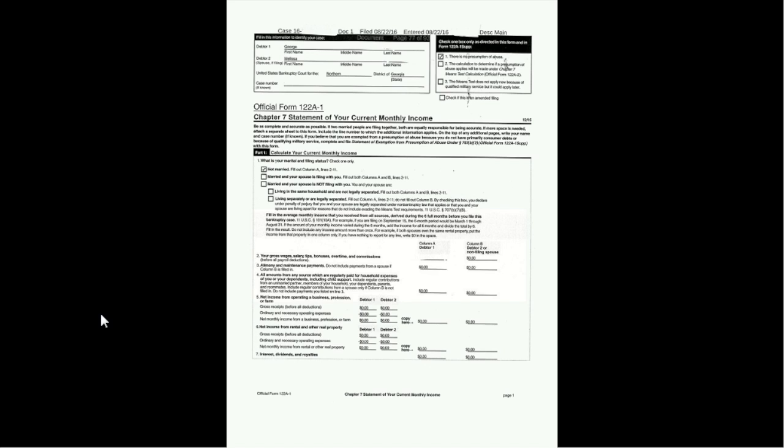This one I thought was really interesting about some of the inconsistencies and misinformation. Here, poor George and Melissa, what is your current marital status? Not married, okay. And then again, on another page, statement of current monthly income, George and Melissa are filing jointly, but they're still not married.